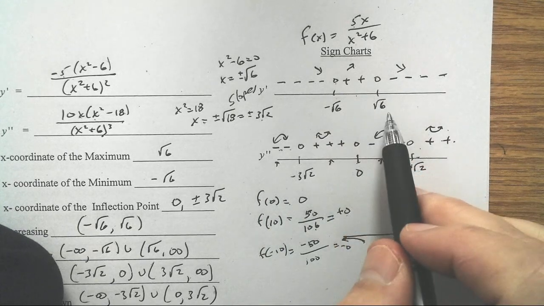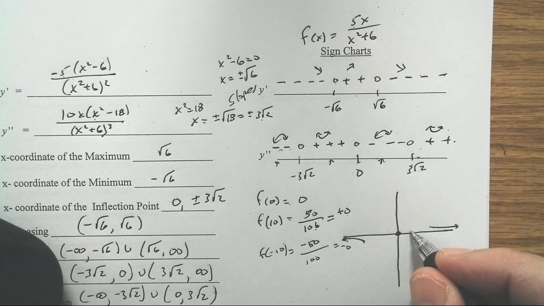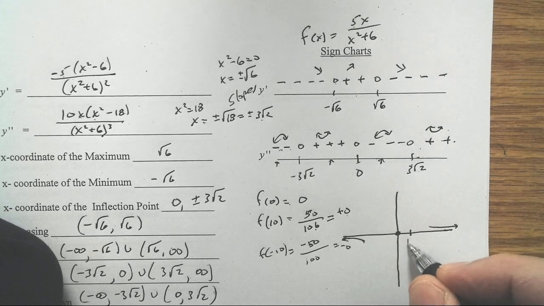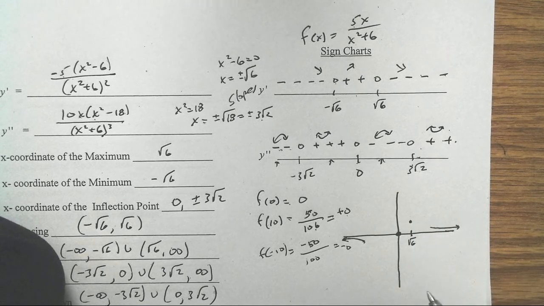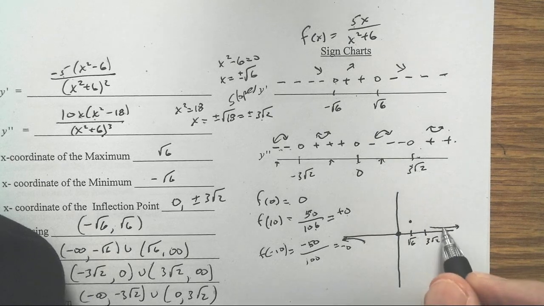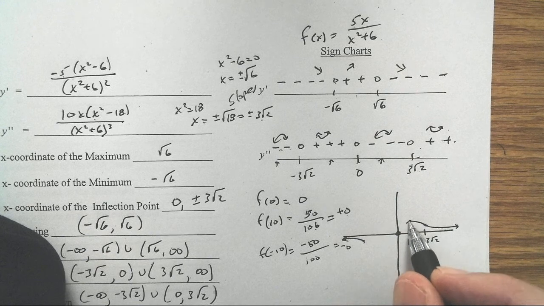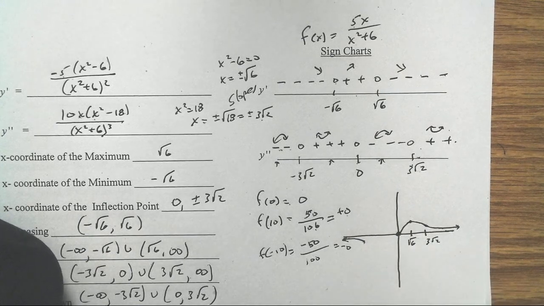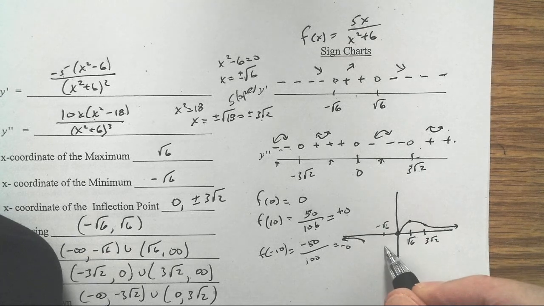All right, let's see. We've got a maximum at square root of 6. I'll put it here. Got a maximum point somewhere up in here. The cupping changes over at 3 square root of 2, so cups up, cups down to right there. We've got a minimum at negative square root of 6, perhaps here.